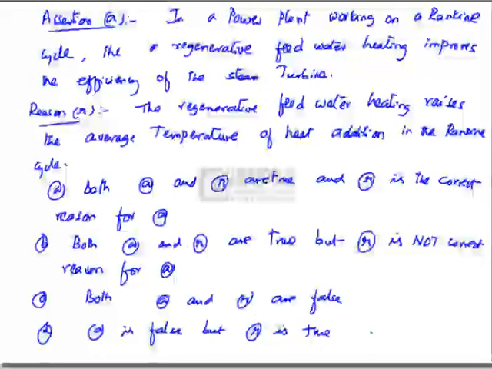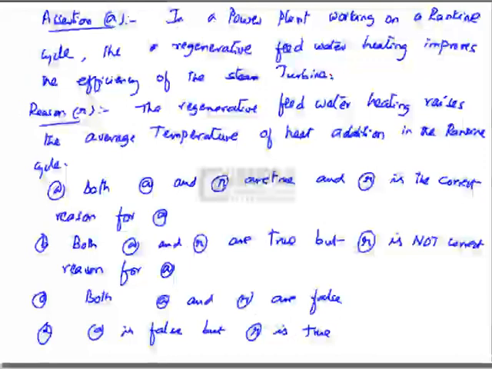Looking at the assertion, in a steam power plant working on a Rankine cycle, the regenerative feed water heating improves the efficiency of the steam turbine. The assertion is absolutely correct. In fact, in any cycle, regeneration is basically meant for increasing the thermal efficiency. So, the assertion is true. Coming to the reason R, the regenerative feed water heating raises the average temperature of heat addition in the Rankine cycle.